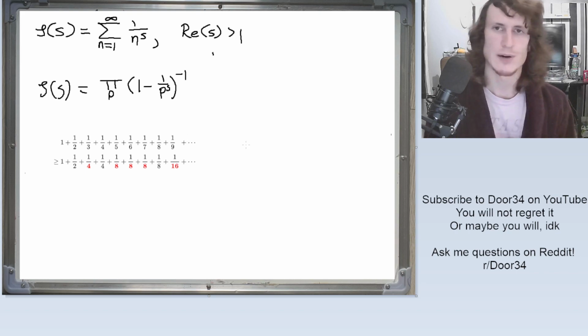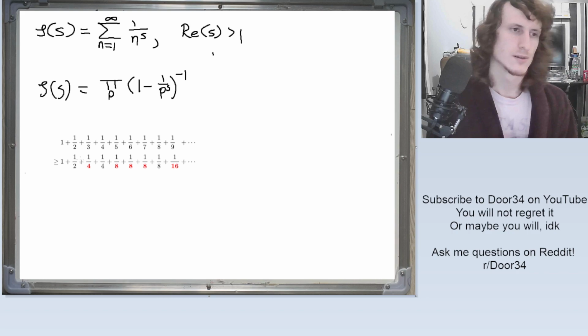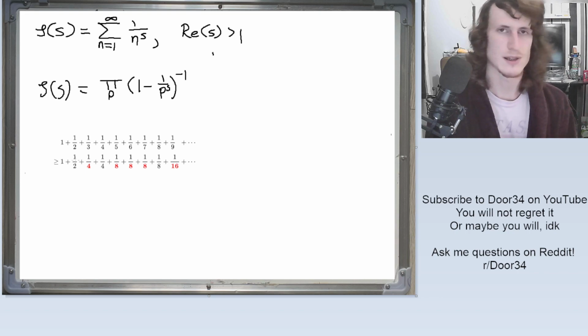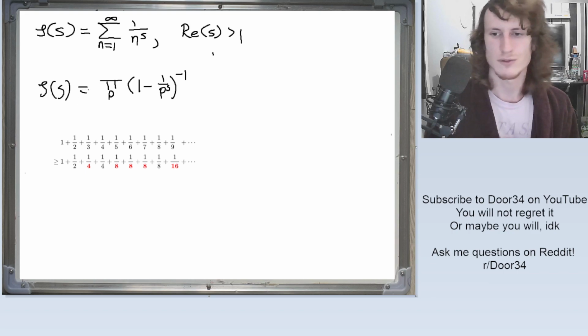You just compare it term by term to this other sequence, and you'll see that it's bigger than that other sequence. And so if zeta of 1 diverges, then that means there are infinitely many primes, because if there were finitely many primes, then this product would give you a finite number. And so that's just a real quick and easy way to do it.